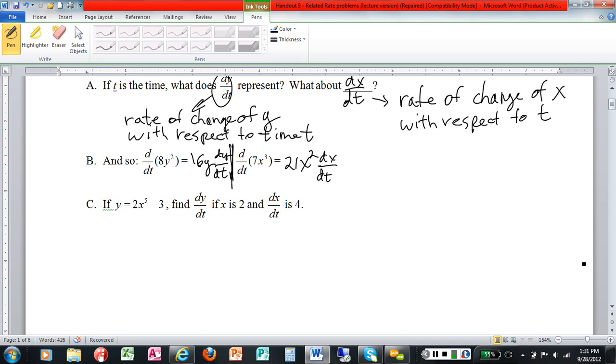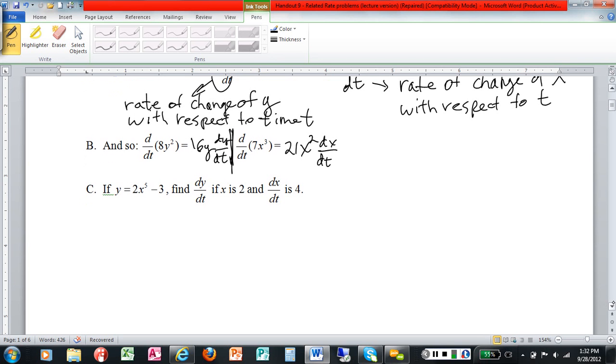Now, one quick little note here. I could plug in x to be 2 to that equation right now. I don't want to do that right here, okay? Because, among other things, I could choose x to be 3, and that would change my y value and things like that. So don't plug in x to be 2 yet.